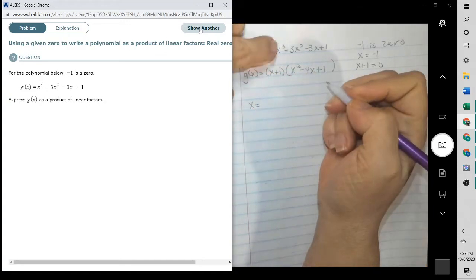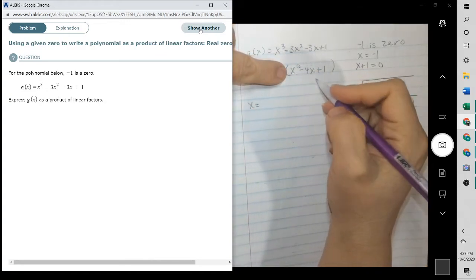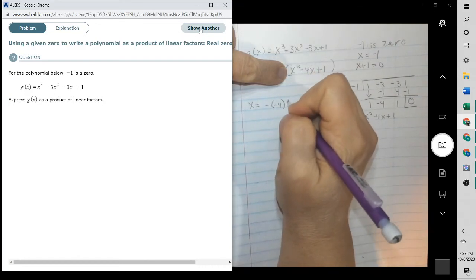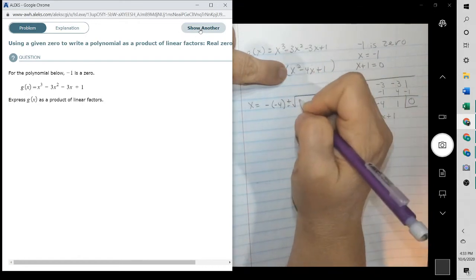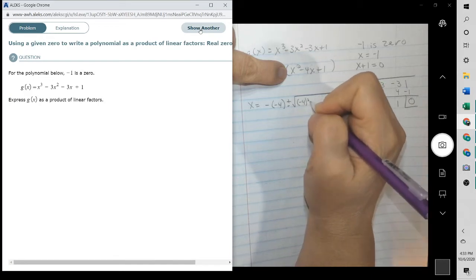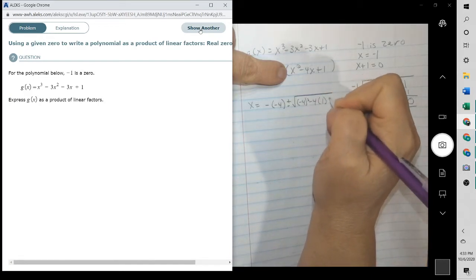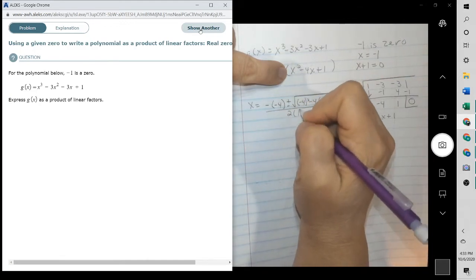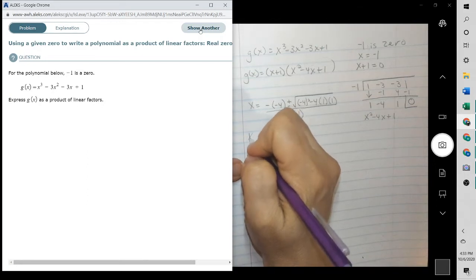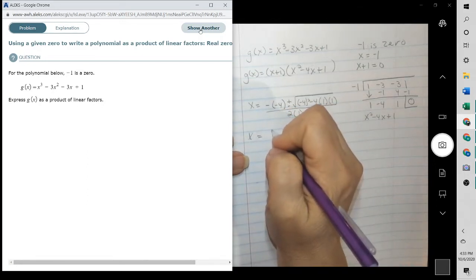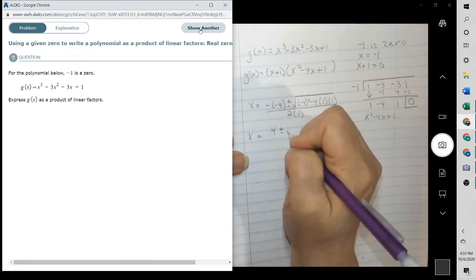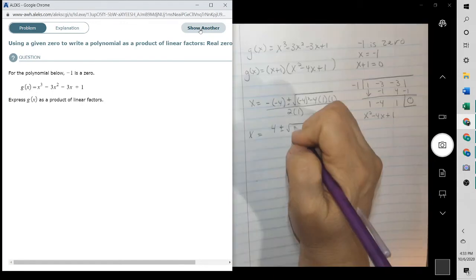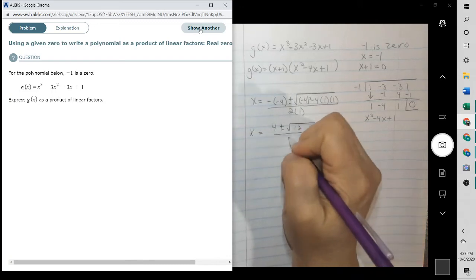x equals, b is -4, so it's 4 plus or minus the square root of -4 squared minus 4 times a times c all over 2 times a. So it's 4 plus or minus the square root of 16 minus 4, which is 12, over 2.